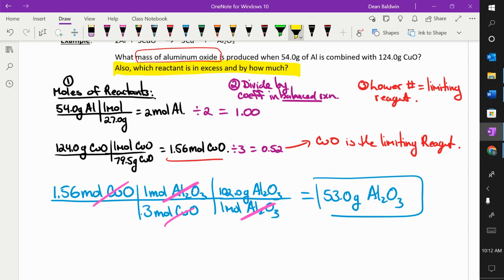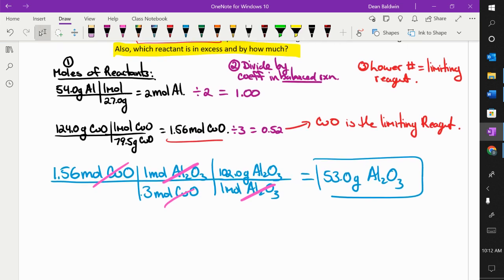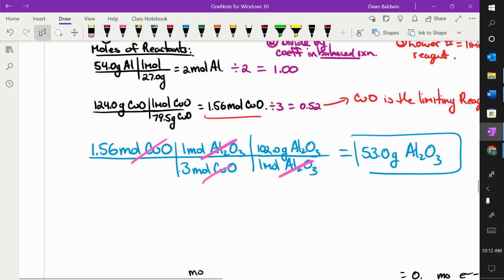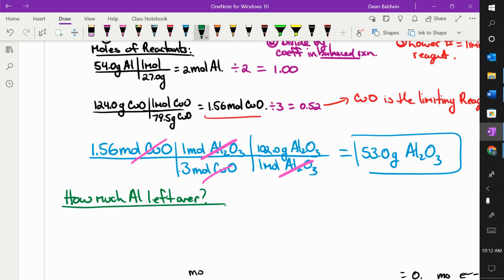Okay? So we go, do it in green. How much Al left over? All right, so how many moles of copper oxide were there? 1.56, this number right here.